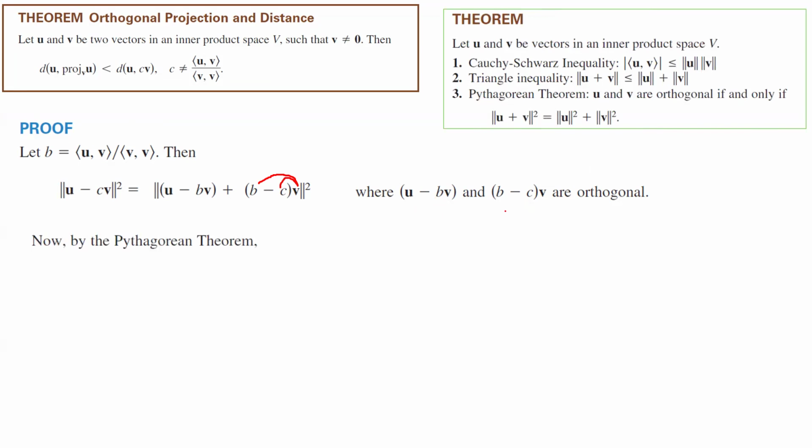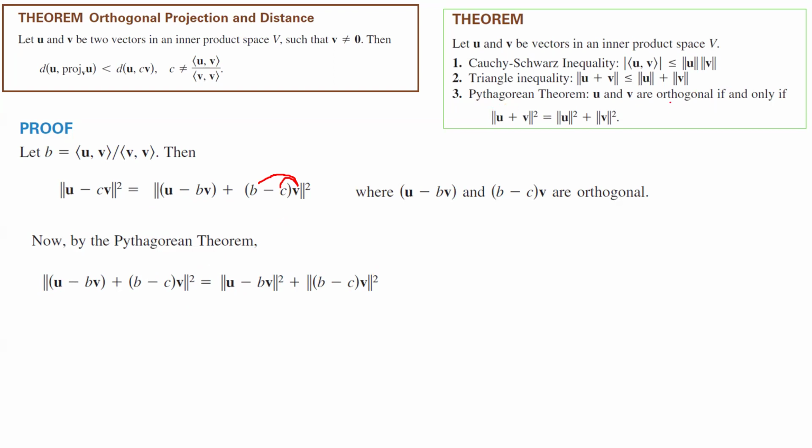But remember that from the Pythagorean theorem, we know that the magnitude of (u minus bv) plus (b minus c)v, to the second, is equal to the magnitude of u minus bv to the second plus the magnitude of (b minus c)v to the second. This is the Pythagorean theorem.